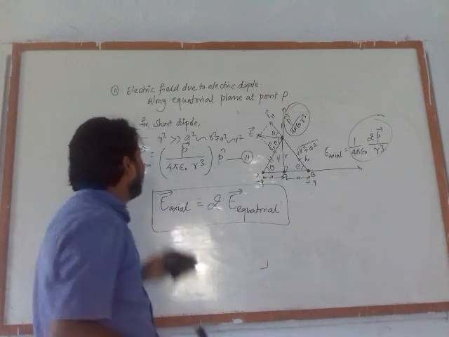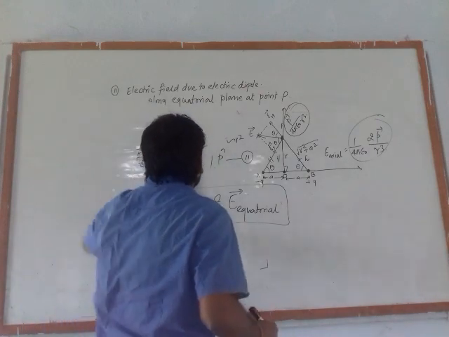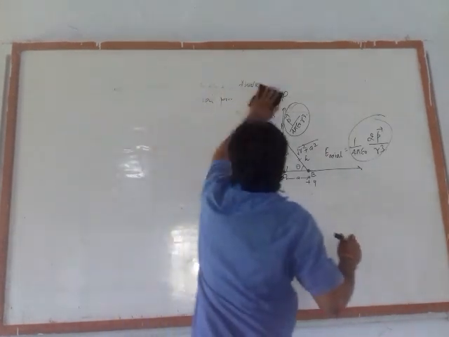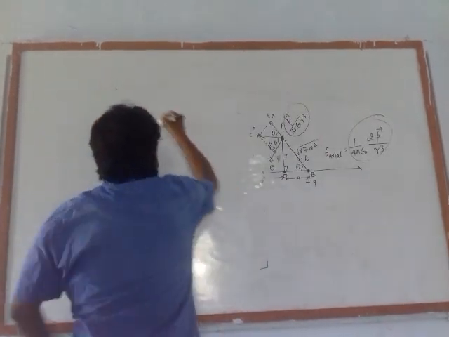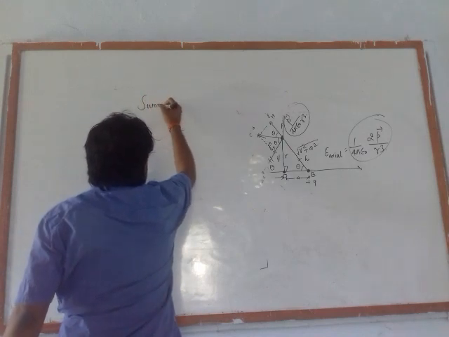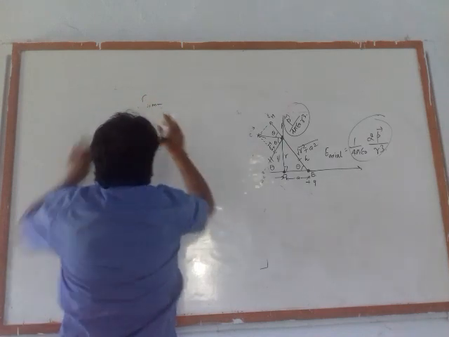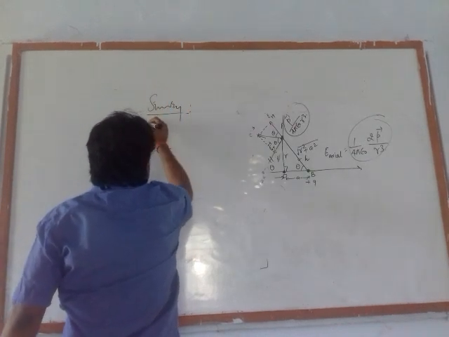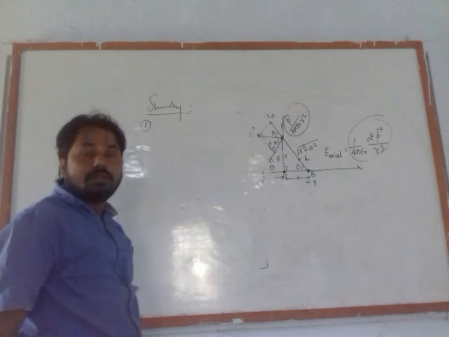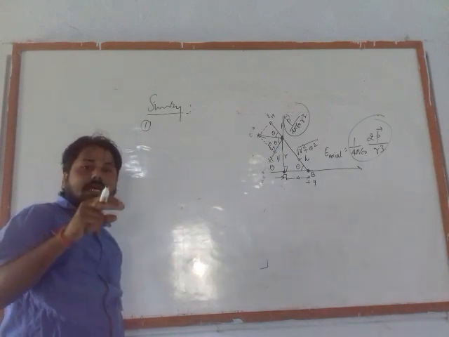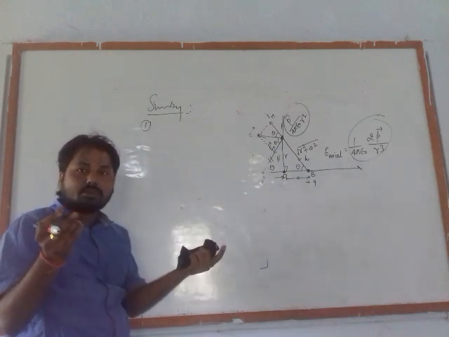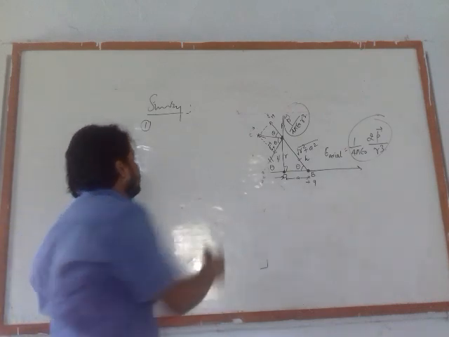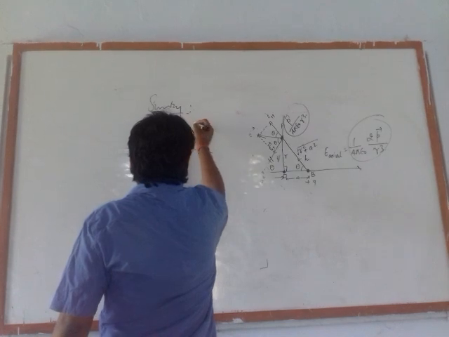Once again, finally I am giving the summary of how the electric dipole can be recognized. So you have to see the summary. Number 1: an electric dipole is a pair of charges, positive and negative, both with the same magnitude, plus q and minus q.